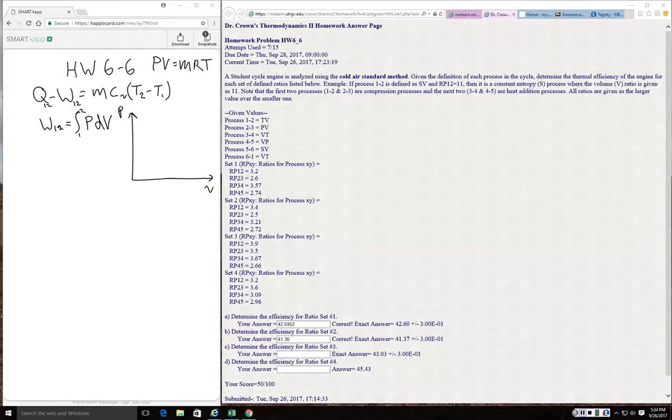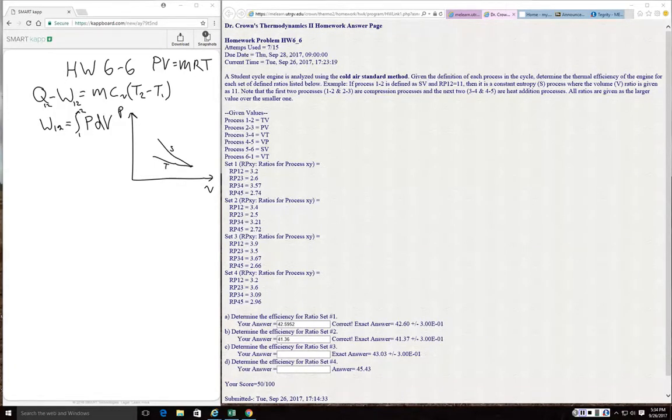And a constant entropy line, by the way, is starting at the largest volume, lowest pressure. It's the beginning of the compression process. So an isentropic process looks like that. An isothermal process looks like that. So there's my isothermal process.